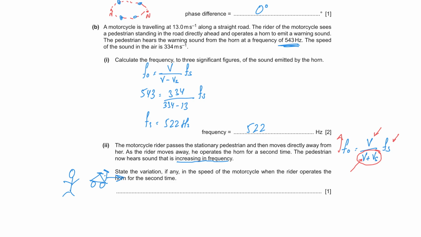So the only way that the denominator can decrease is if Vs, the speed with which the motorcyclist is moving, decreases. So we'll write the speed is decreasing.